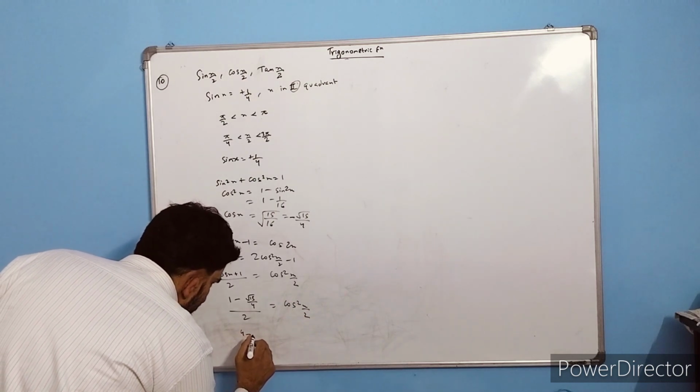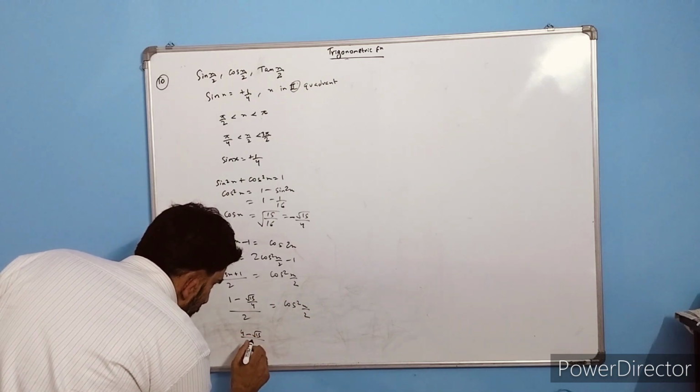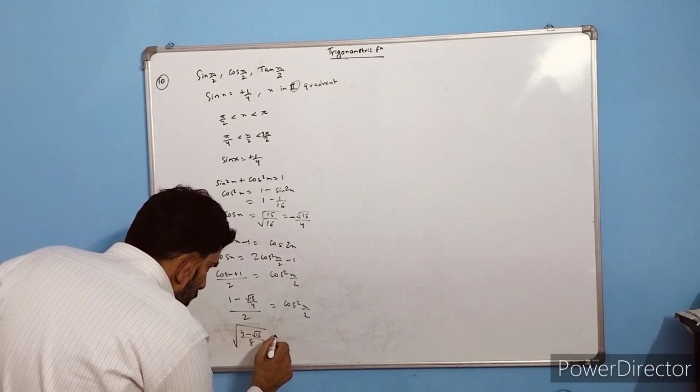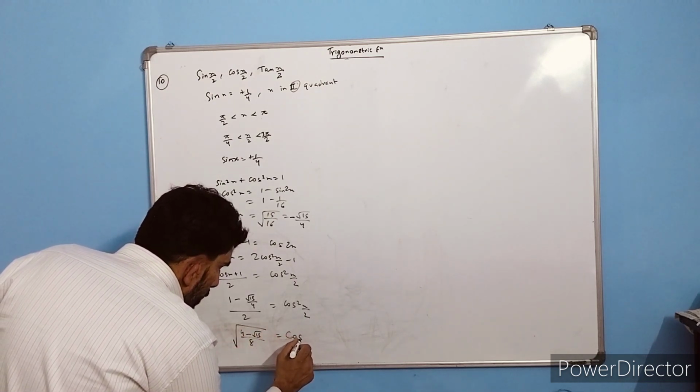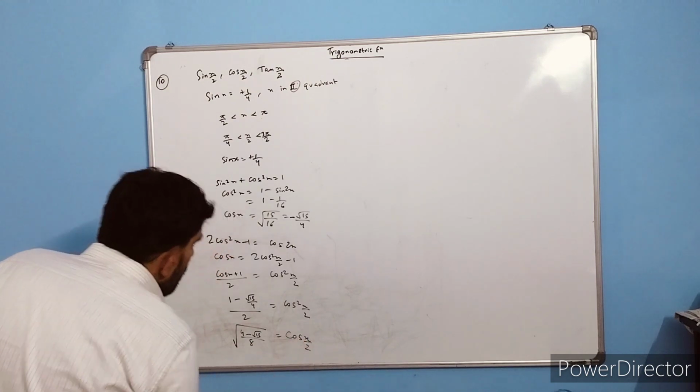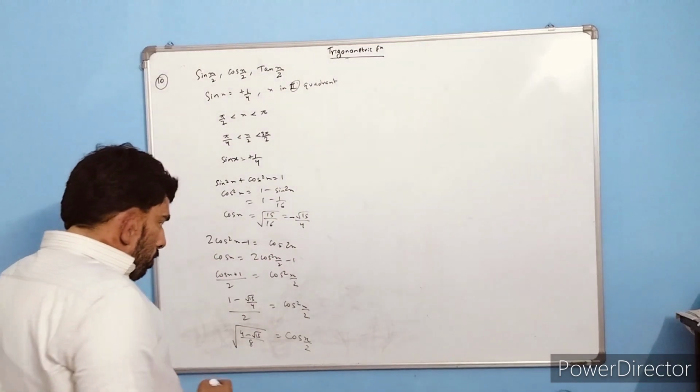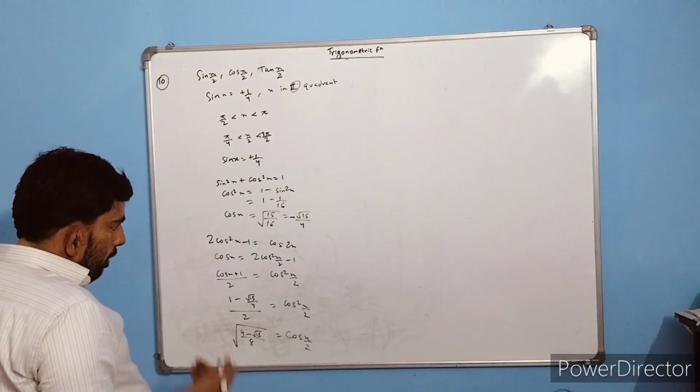It will be 4 minus root 15 upon 8, and the whole under root will give cos x by 2. Actually, this is a totally different question in terms of root. So we find the value of cos x by 2.